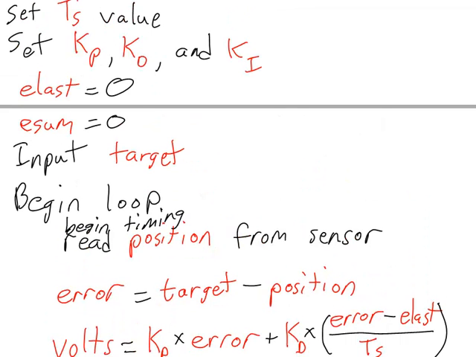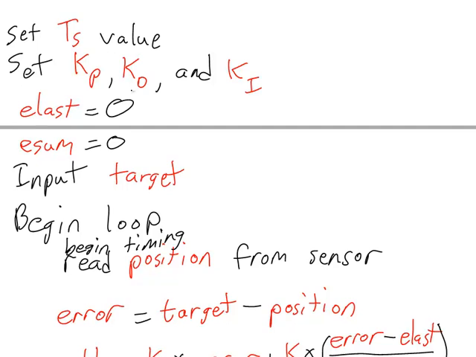We still need to set the values of these three gains. We can set a value of 0 for any gain for which we do not want to use that type of control. For example, if we want to use only proportional control, we can simply set KD and KI to be 0 and we'll have just proportional control.